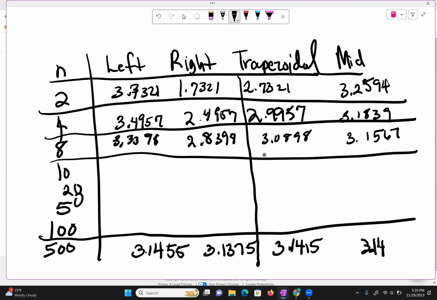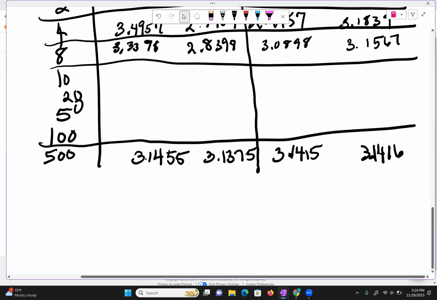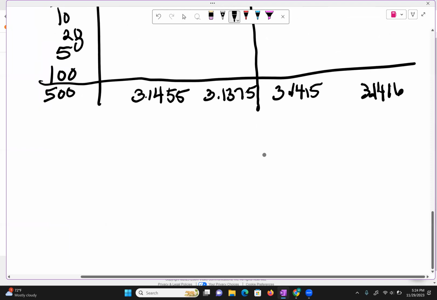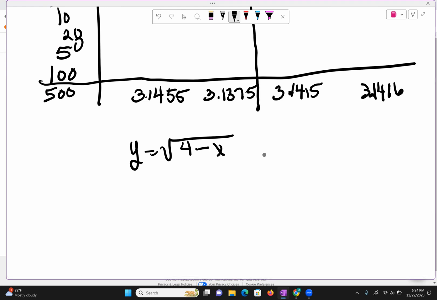So if you notice, they become a little bit closer in alignment to the value of the actual model. So the original model begins with y equals the square root of 4 minus x squared.